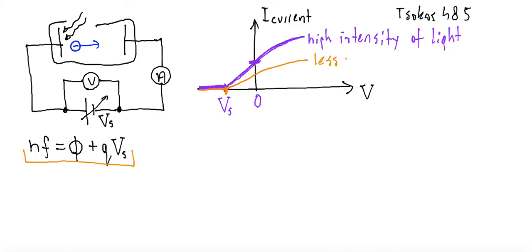So for less intense light, we have a line which starts at the same point because the stopping voltage is the same, but we have less current in the circuit because fewer electrons are emitted. Again, intensity of light means number of photons, means number of electrons which are emitted. Is that clear? Okay, and let's focus on another graph.